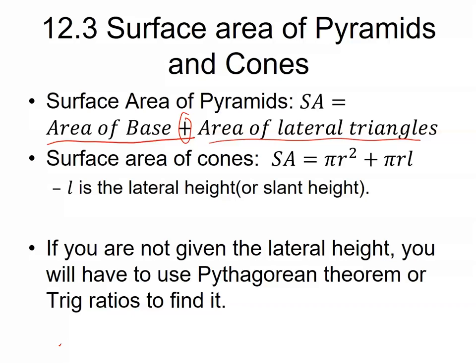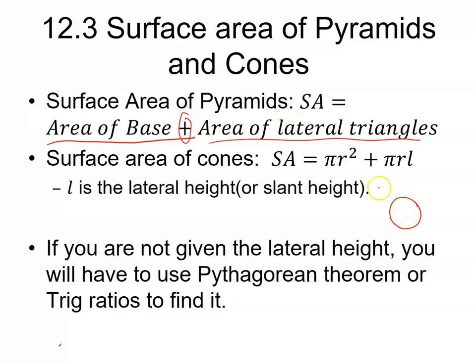The other thing we're going to look at, which is a similar type of shape, is cones. For cones, if you were to draw the net of a cone, you've got your base, just like you do with a pyramid.